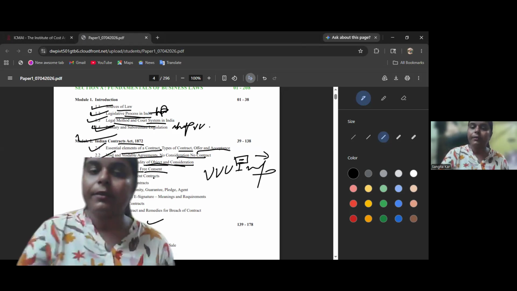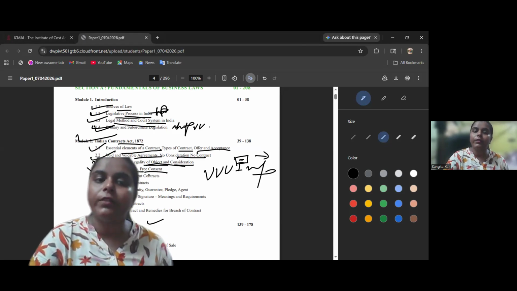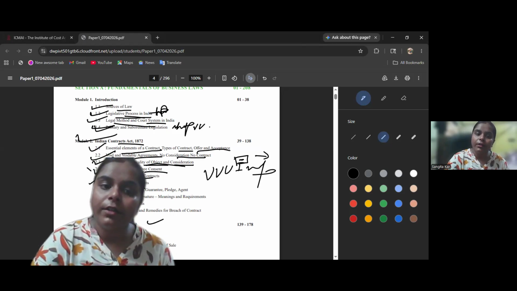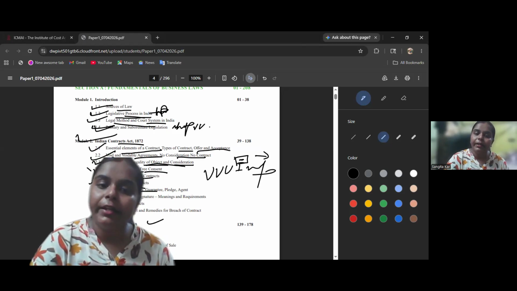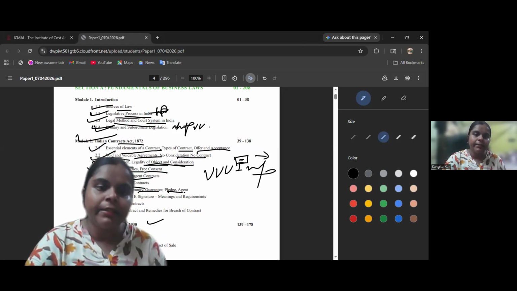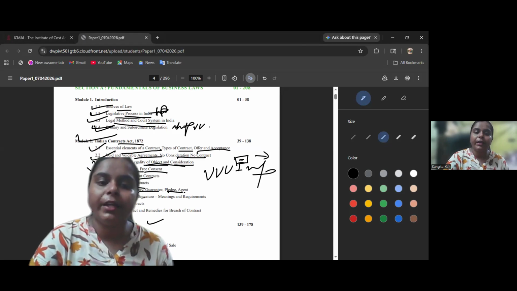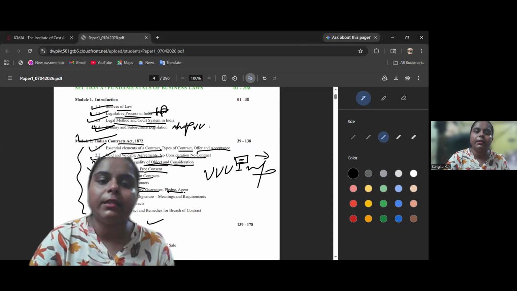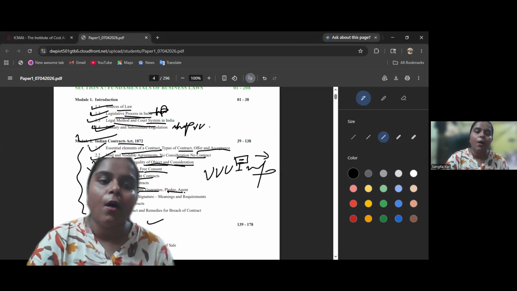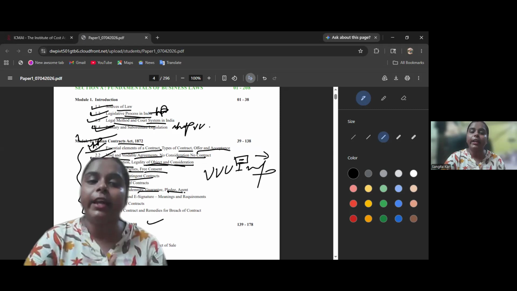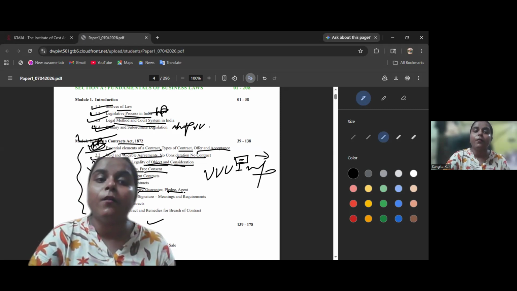Then quasi and contingent contract, performance of contract, meaning of indemnity, guarantee, pledge, agent, e-contract, e-signature, discharge of contract, breach of contract, and remedies for breach. Of all these, the most important is the first one; you have to learn this topic very carefully.